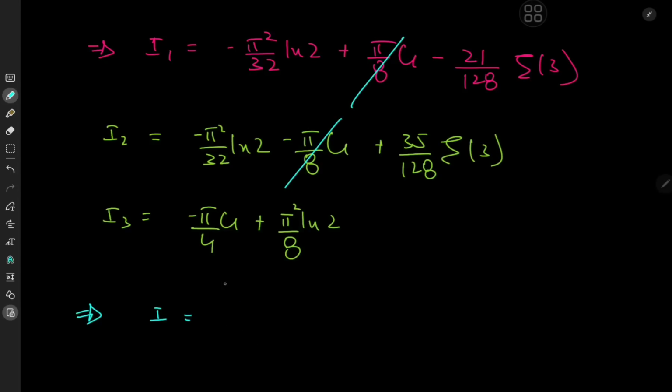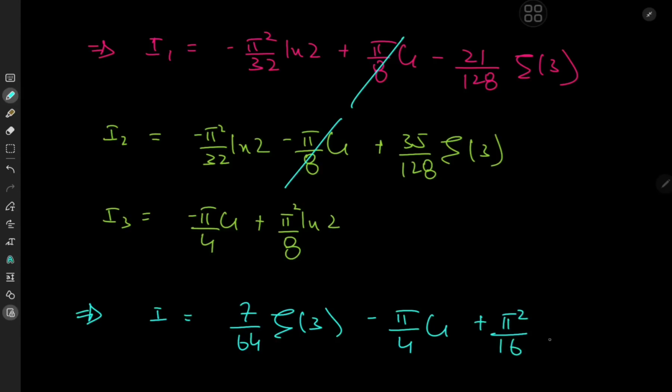Again, this should be 7 by 64 zeta 3 minus pi by 4 times Catalan's constant. Then you have, what exactly do we have? Negative pi squared by 32, negative pi squared by 32. That's negative pi squared by 16. Then you already have pi squared by 8. So that's 1 minus 1/2 kind of thing, which gives us 1/2. So we have plus pi squared by 16 log 2.